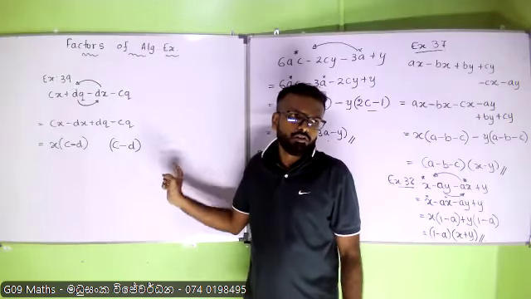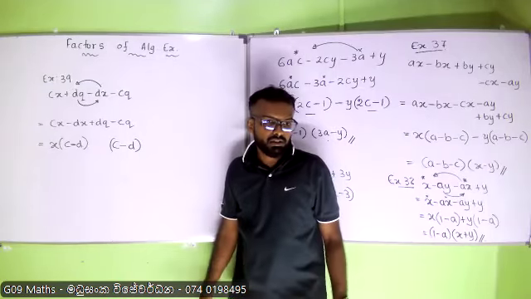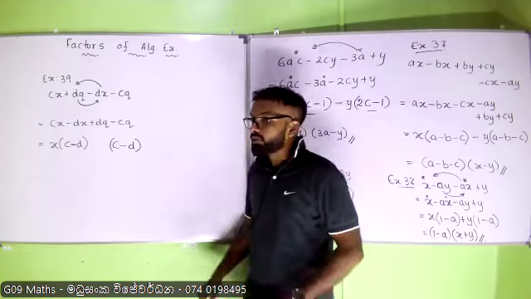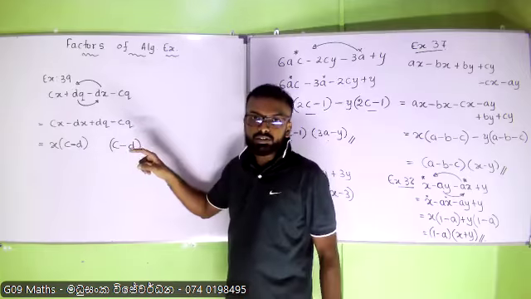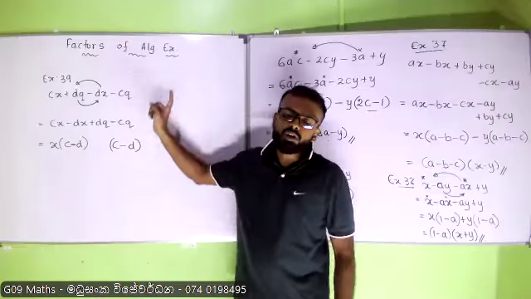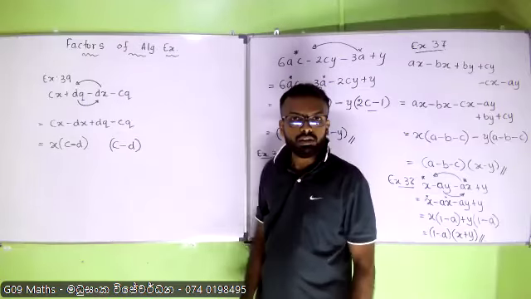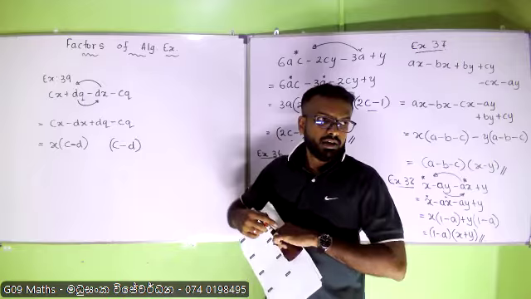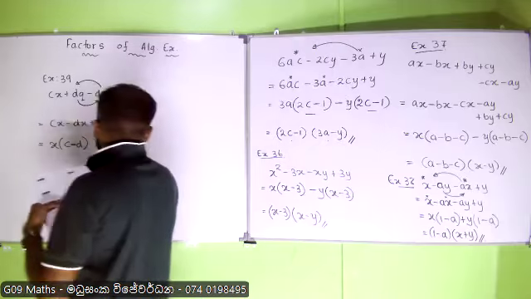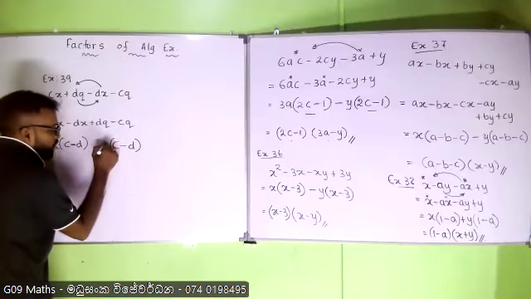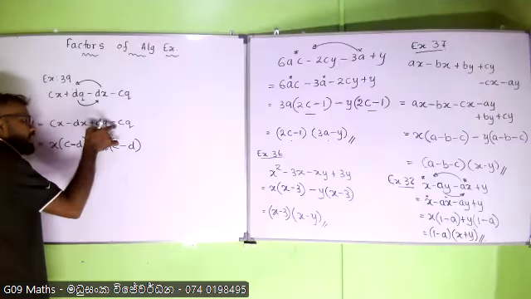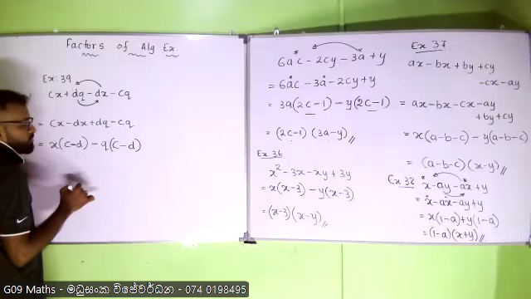So what is the sign you are going to take out from the bracket? Negative. Yes, super. What is the common term that you are going to take out from both? Q. Super. So you are going to take the common term as Q and the sign as negative Q. Correct?